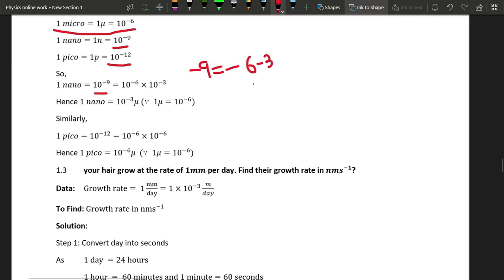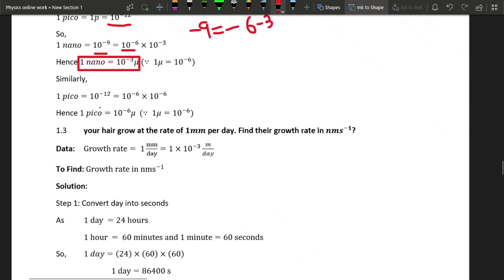We can write like this. So I just write 10 raised to power minus 3 into 10 raised to power minus 6. As we know that 10 raised to power minus 6 is micro, it means that 1 nano equal to 10 raised to power minus 3 micro.